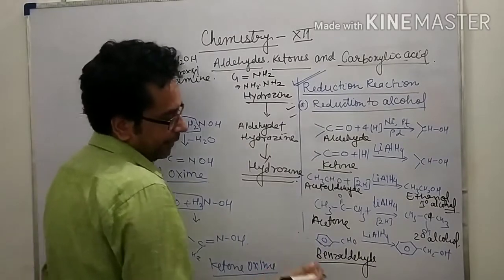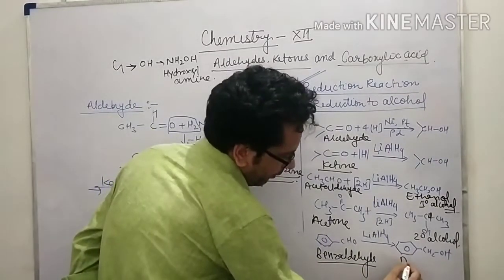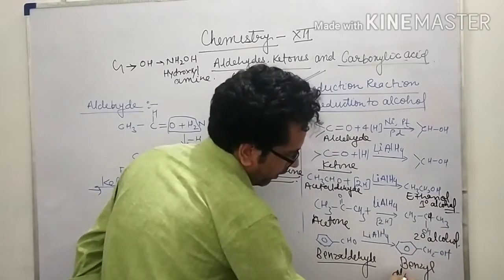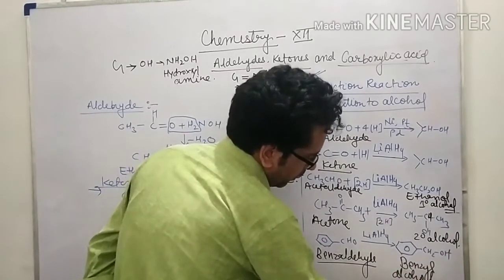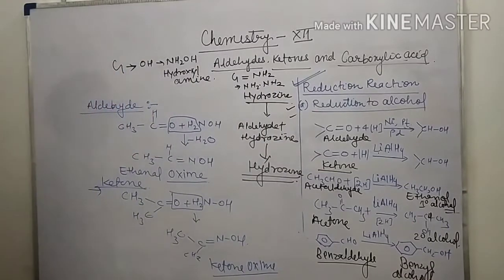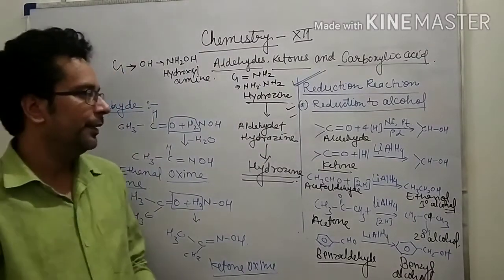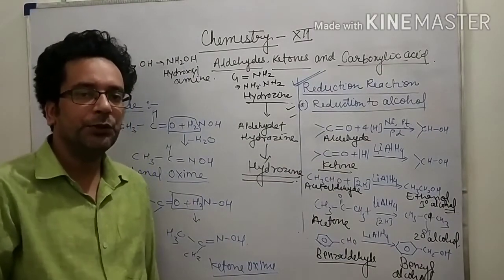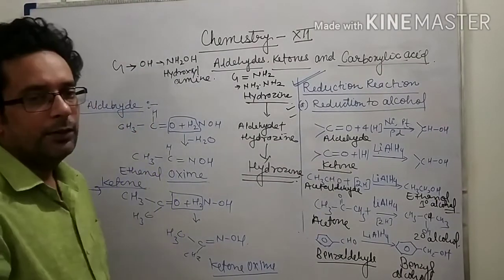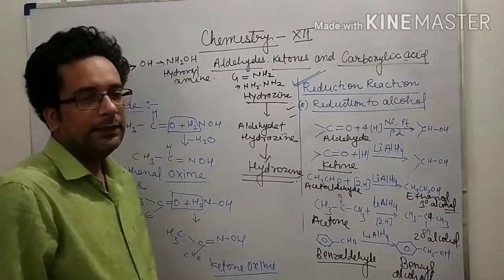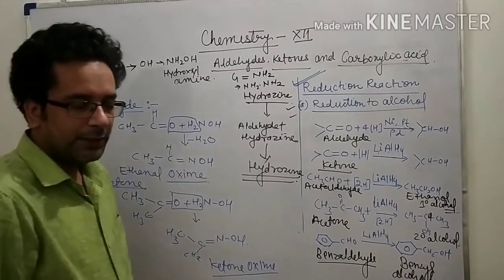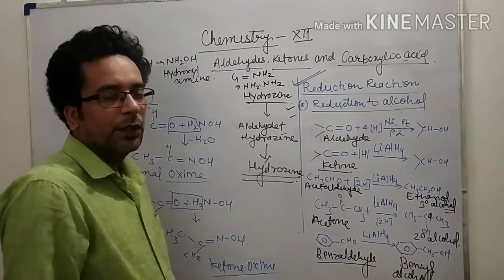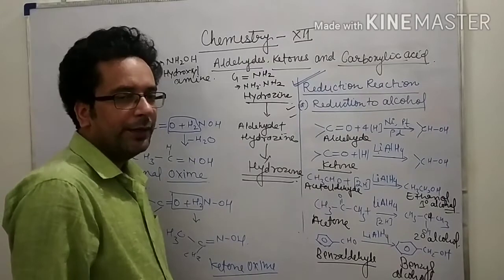So in the reduction reaction, the first part, reduction to alcohol, means aldehyde and ketone are converted into alcohol. Aldehyde, that is acetaldehyde, is converted into primary alcohol, whereas acetone, the first member of ketones, is converted into secondary alcohol.